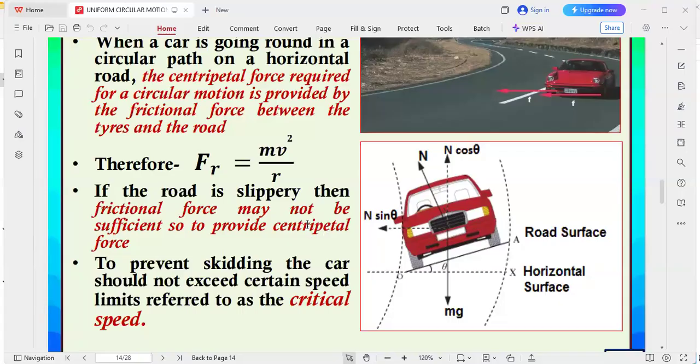So this banking of the road prevents this vehicle from skidding. That's why we bank it that way, so that even if this vehicle speeds, it is prevented from skidding or moving away from the road.